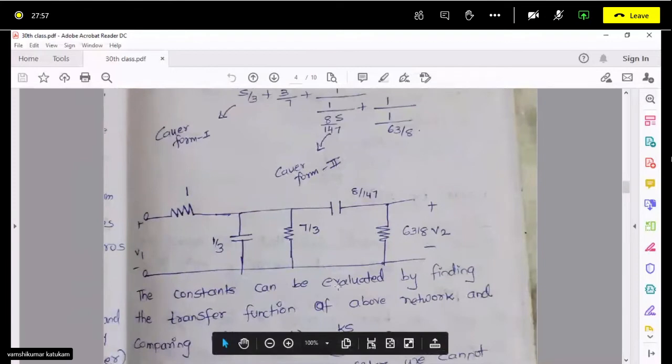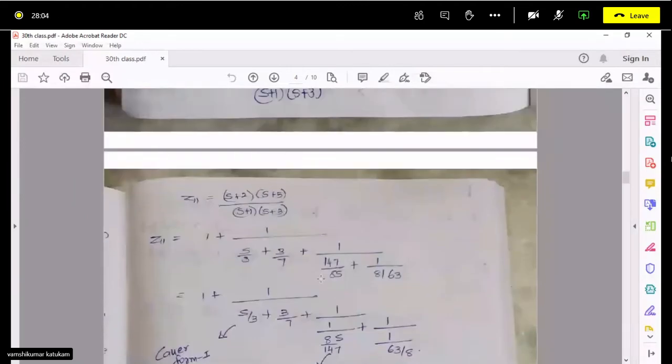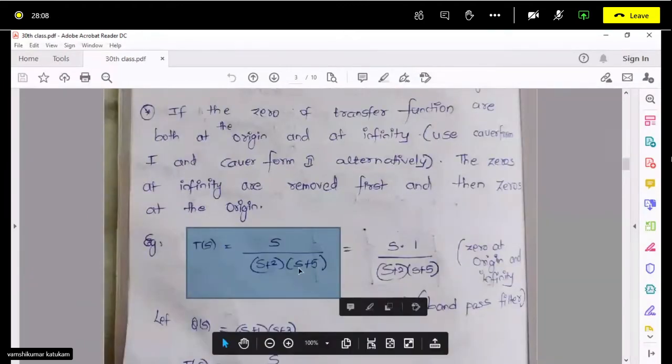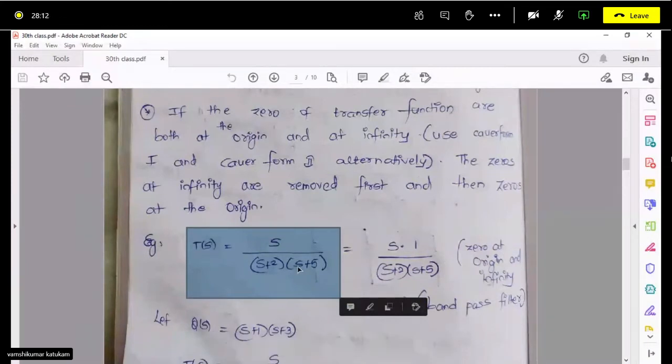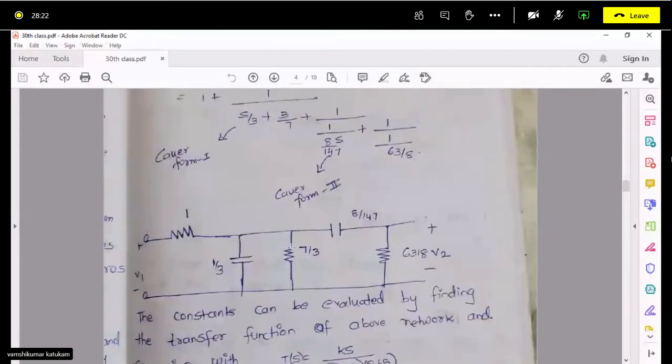The constants here, you cannot substitute s equal to 0 or s equal to infinity, because in both cases the transfer function will become 0. If you substitute s equal to 0 or s equal to infinity to get the constant, you will not get the k value, because it is a band pass filter. So if it is a band pass filter, it will have a non-zero value.